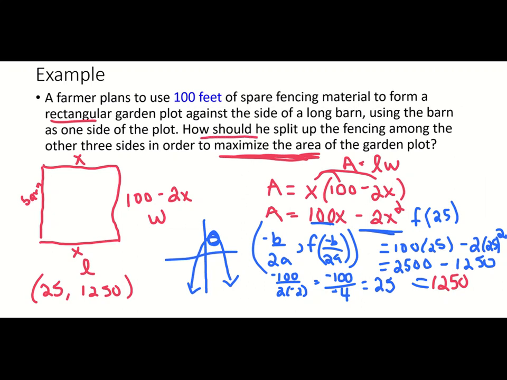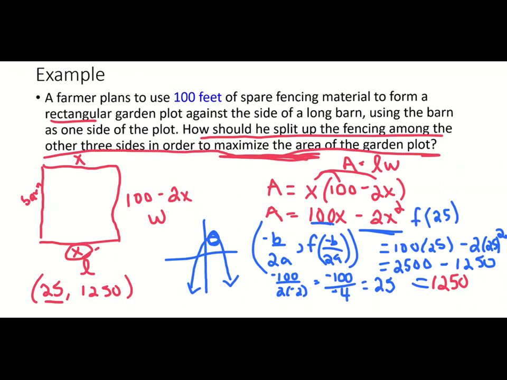And what I need to answer this question is, how should he split up the fencing among the other 3 sides in order to maximize the area of the garden plot? So basically, x needs to be 25. That needs to be the length of one of the sides.